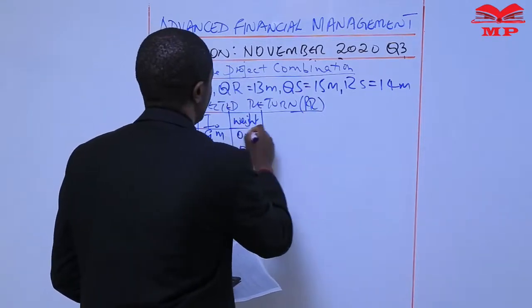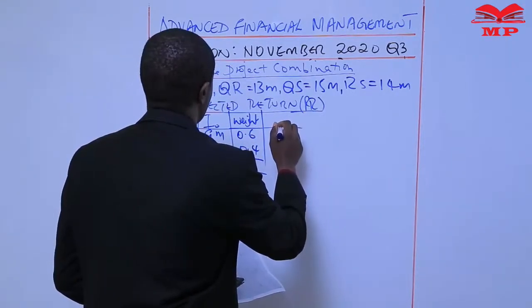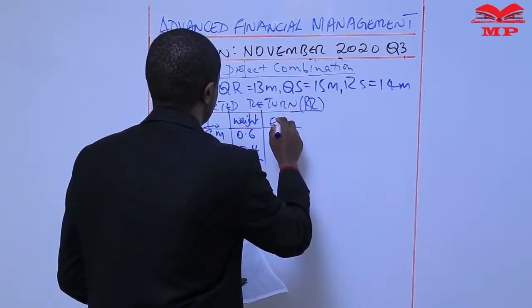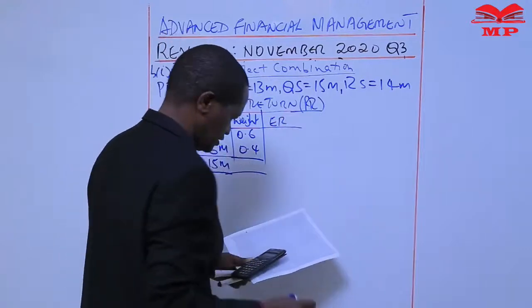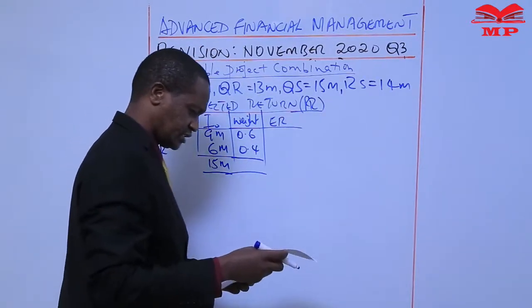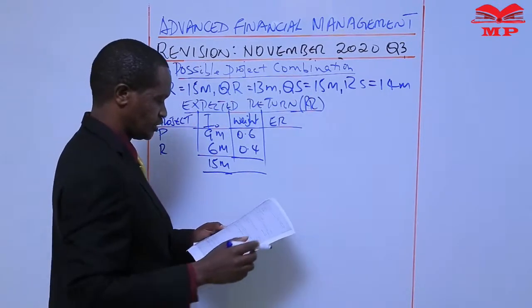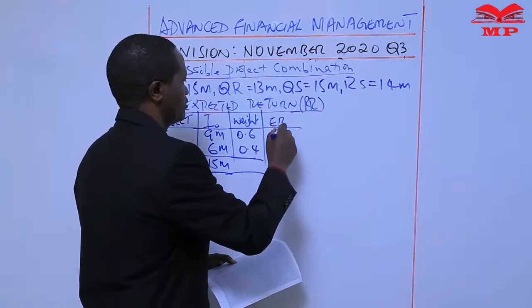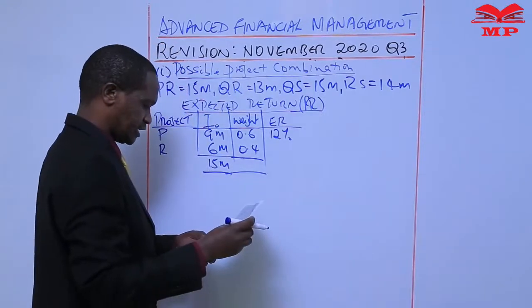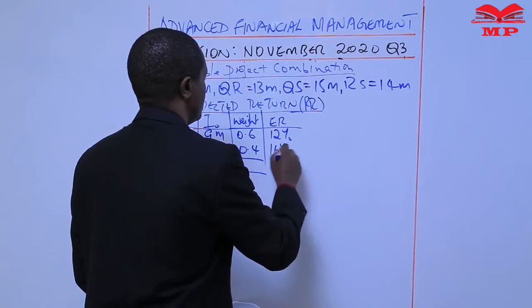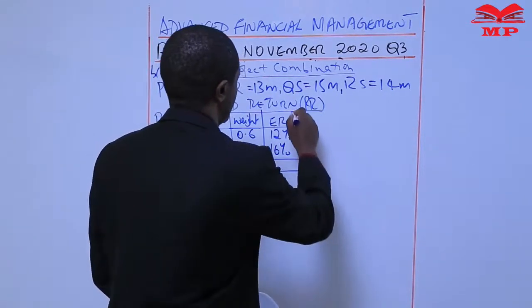Then the other column is the expected return. In the question, the expected return for project P is 12%, and for project R, the expected return is 16%.